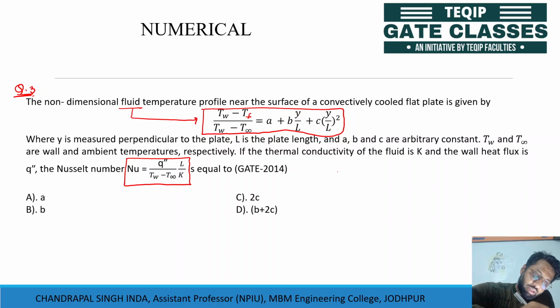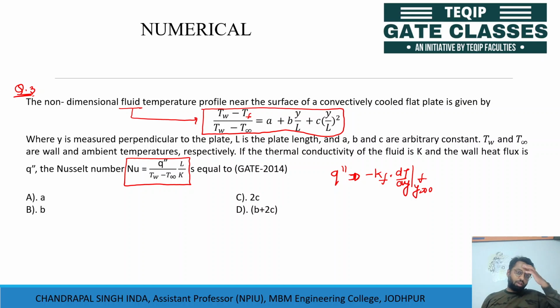The heat flux q double dot can be found as, since the temperature profile of the fluid is given, minus Kf into dT by dy at y equal to 0 for the fluid. The value obtained from this equation is going to be put in this formula, through which we will have the value of the Nusselt number.